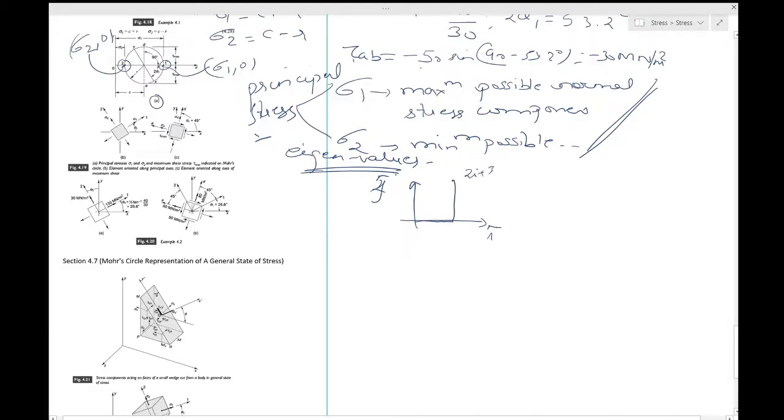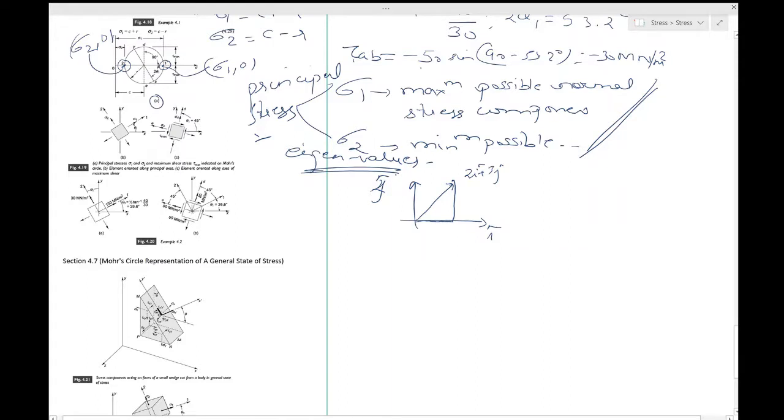Now if you look at this vector, it has its component on both the directions. In the x direction, the i direction, it has a value of 2. In the y direction, the j direction, it has a value of 3. So it has its value spread out along both the axes.